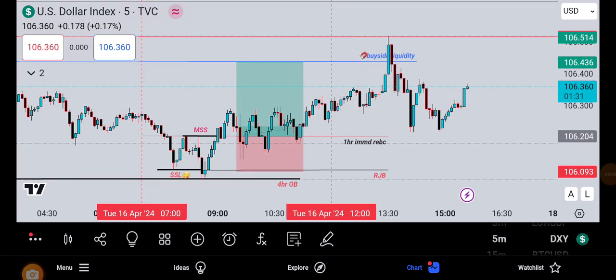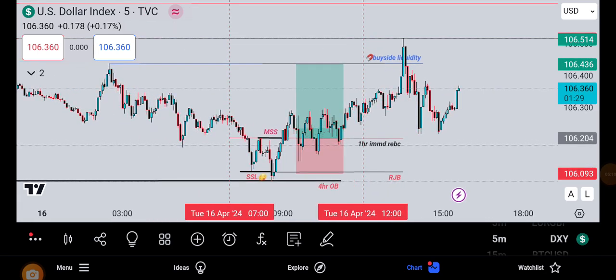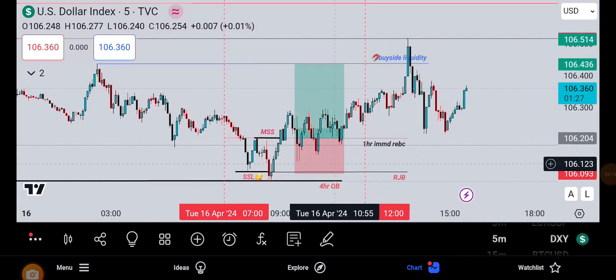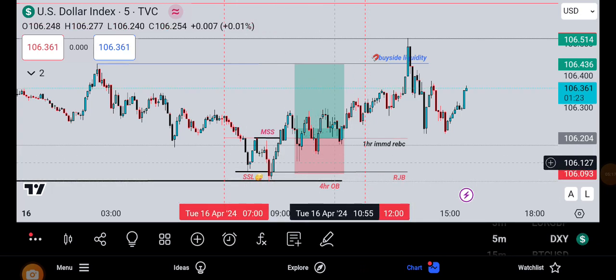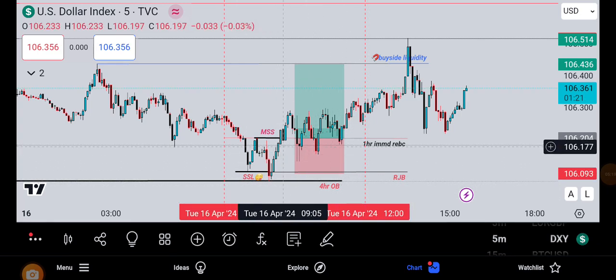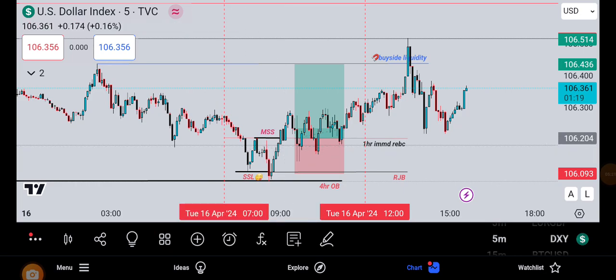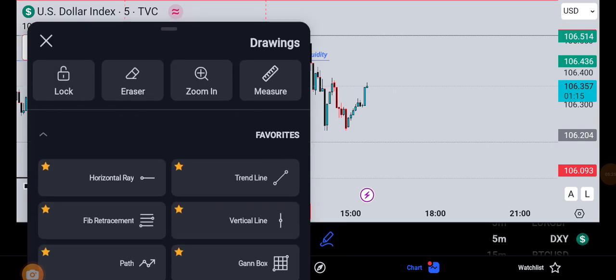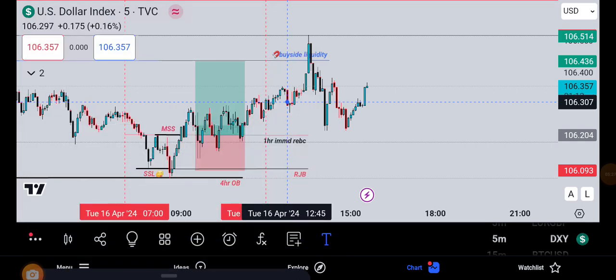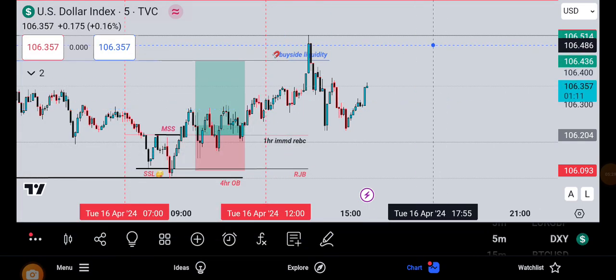Inside this kill zone over here, number one, we have the timing, which is New York time. Number one, tick, because mostly I have my, how do I call it, my watch list.